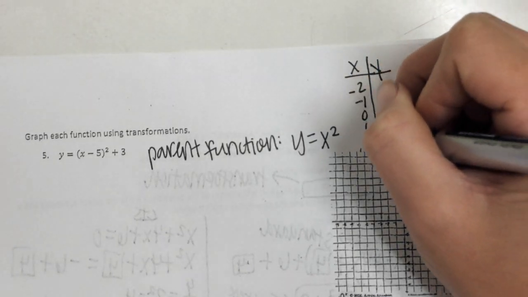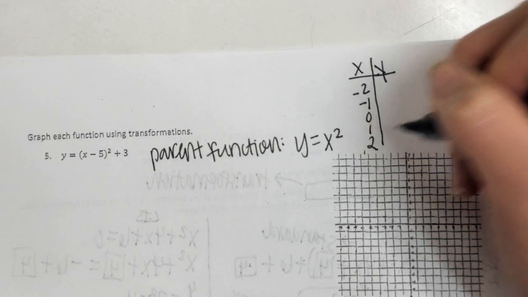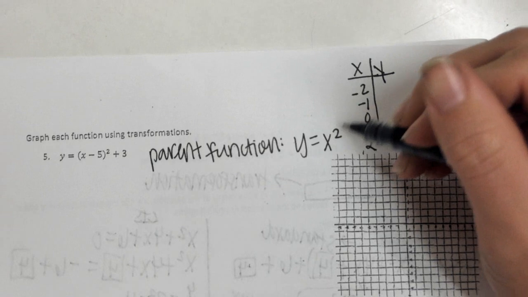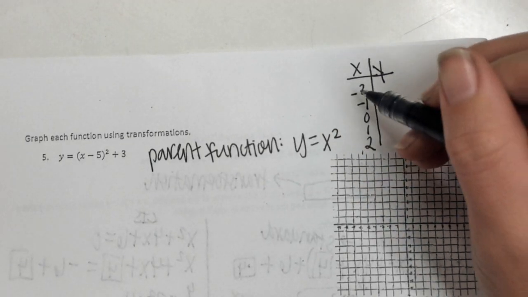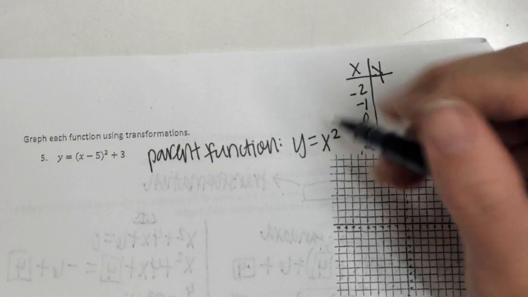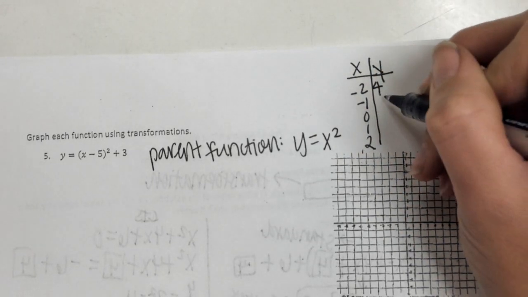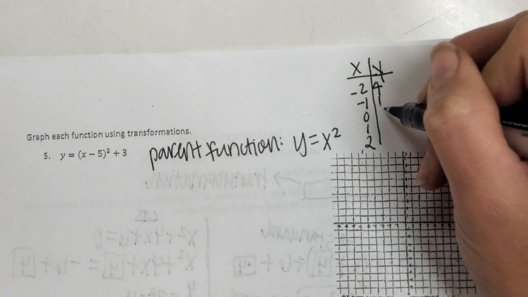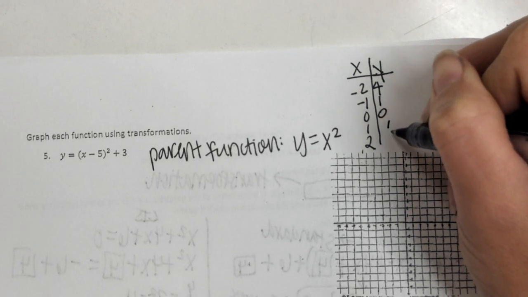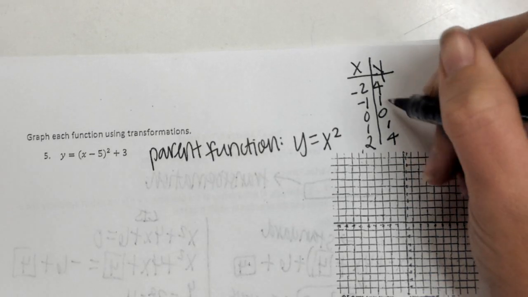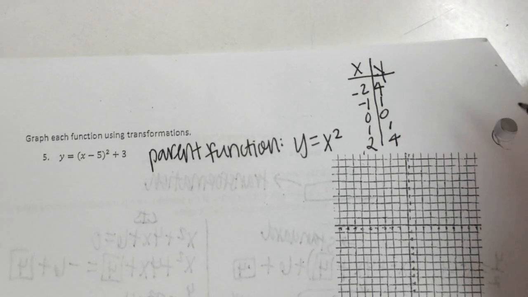And I'm going to pick these x values. Where did I get them? I just came up with them randomly. But how do you get your y value? You plug this in for x, right? So negative 2 squared, if I plug this in for x, would give me positive 4. Negative 1 squared is 1. 0 squared is 0. 1 squared is 1. This would be 4. And remember, parabolas are symmetric, so these will be the same, these will be the same.